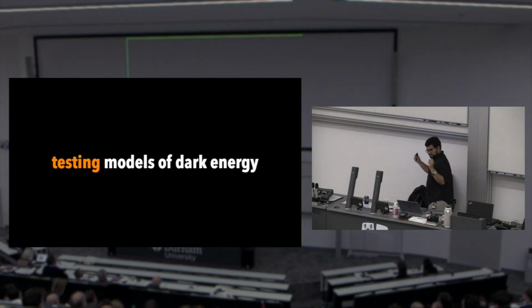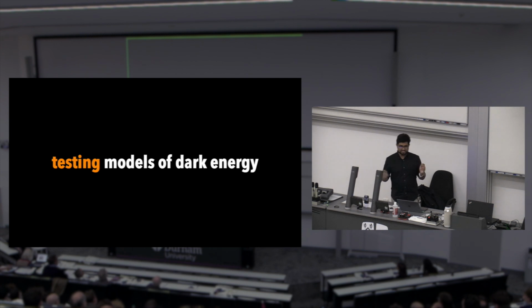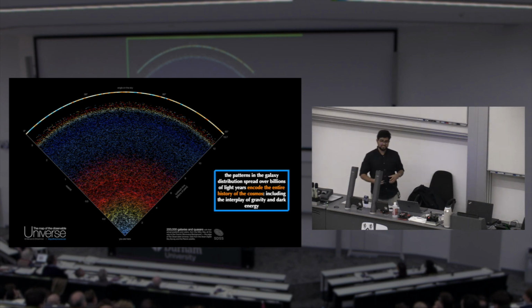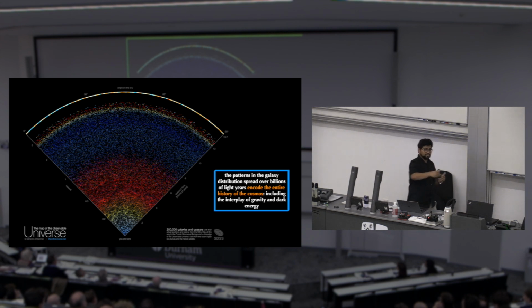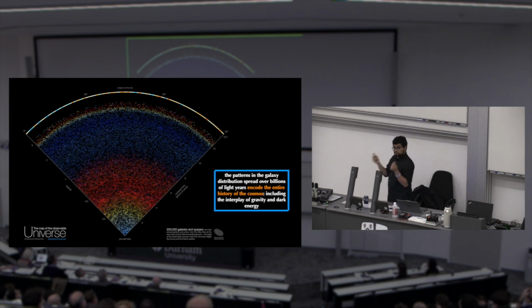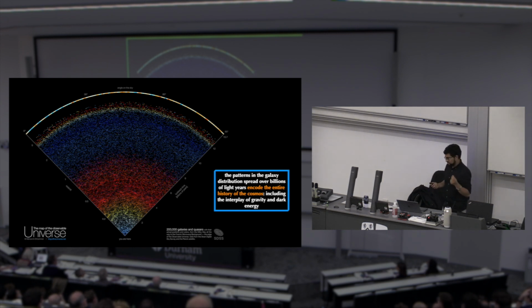So finally, how do we test dark energy? The best tests, in my view, probably come from looking at the distribution of galaxies in the night sky, with future galaxy redshift surveys that will map the three-dimensional positions of galaxies across a vast range of scales. Because it is this pattern of distribution that encodes within it the entire history of the interplay between gravity and expansion.